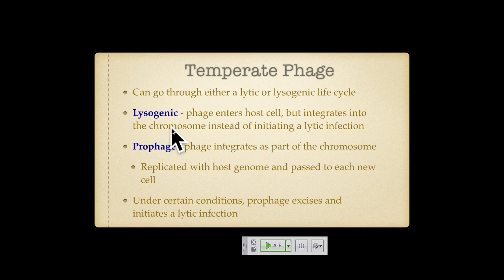So there's no viral proteins being made. The host cell doesn't even know the virus is there, but the virus is doing what it wants to do, perpetuates itself, because every time the cell replicates, the viral genome gets replicated. Now, under certain conditions, when the neighborhood goes to hell, this lysogen can come out of the chromosome and initiate a lytic infection. So here, I'll show you how that works.